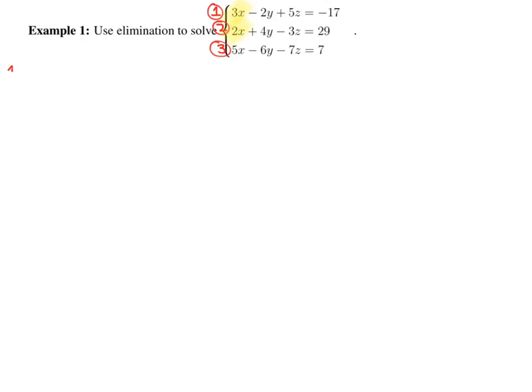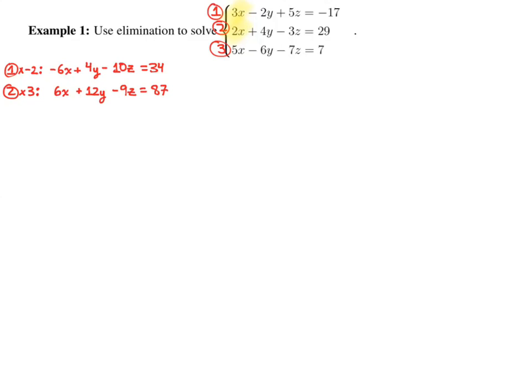And then when I do that, if you look at the first 2, they've got some x's, and if I multiply, for example, equation 1 by -2, that'll turn into -6x plus 4y minus 10z equals, what's going to be 38, I think. Nope, 34. Okay. And if I multiply equation 2 by 3, that'll turn that one into 6x plus 12y, and we're talking about -9z and 87.